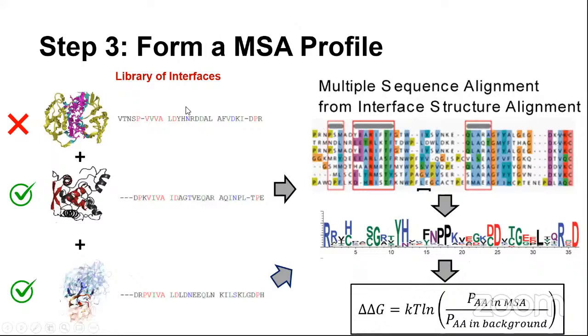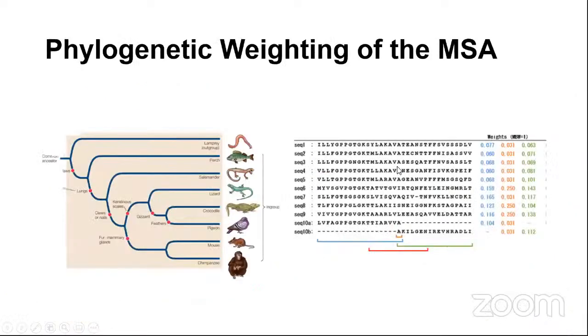Another thing: I mentioned there's some subtleties when we go from this multiple sequence alignment to a free energy value. We're dealing with two probabilities here, but the probabilities depend on the sampling.